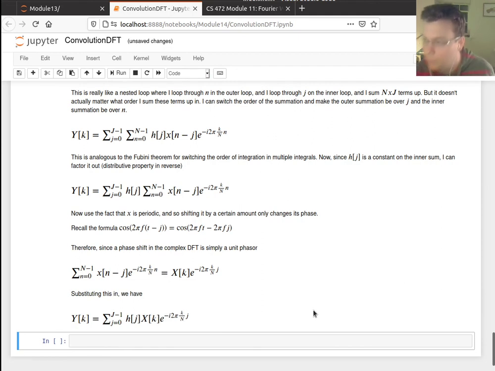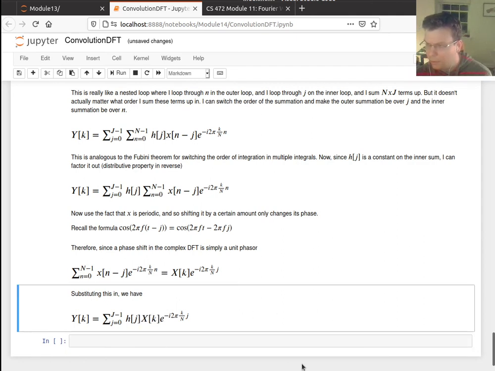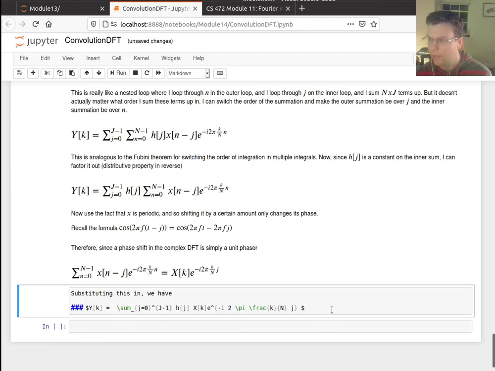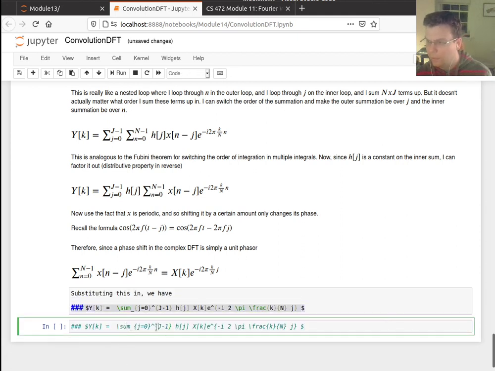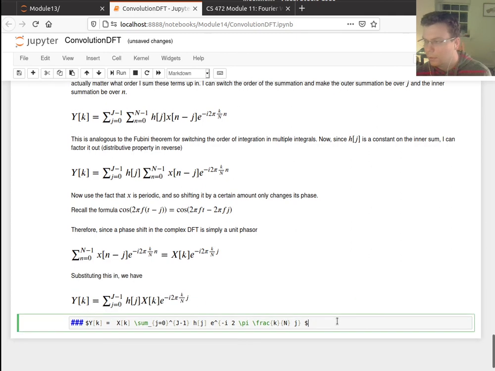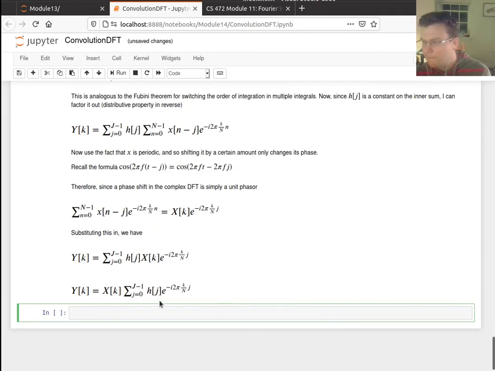Okay, now it seems like we're getting really close. What I notice is x_k is actually now a constant over this whole sum, so I can pull this out. So I can write this as x_k times this whole sum. Okay, now, guess what? That's the Fourier transform of h, isn't it?